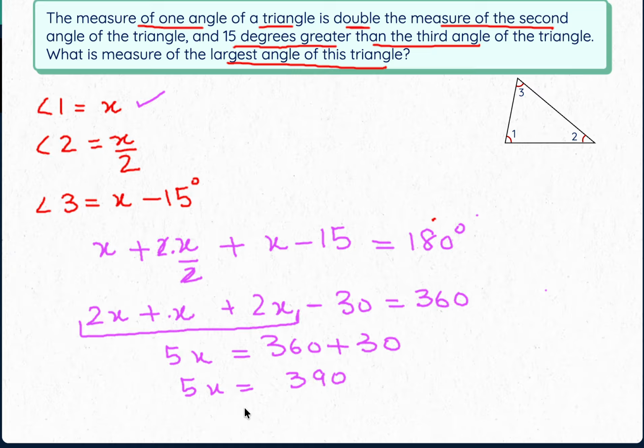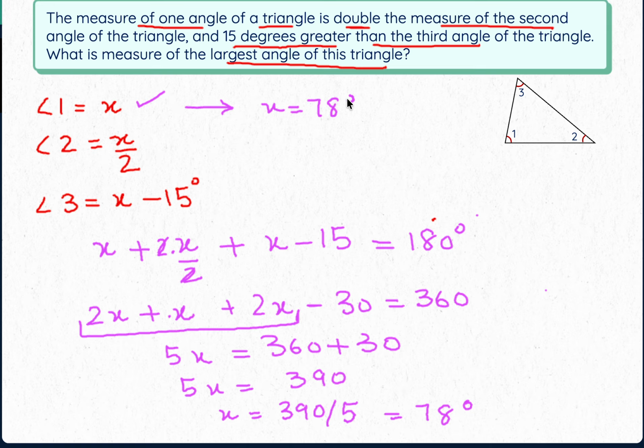Okay, if I solve for x, I'll say 390 over 5, that would be 78 degrees. So the first angle, which is the largest one, x is equal to 78 degrees.